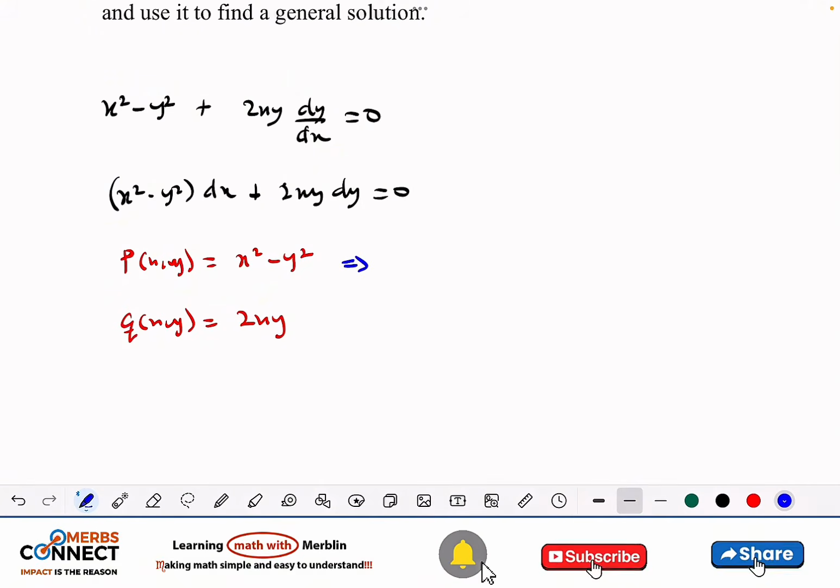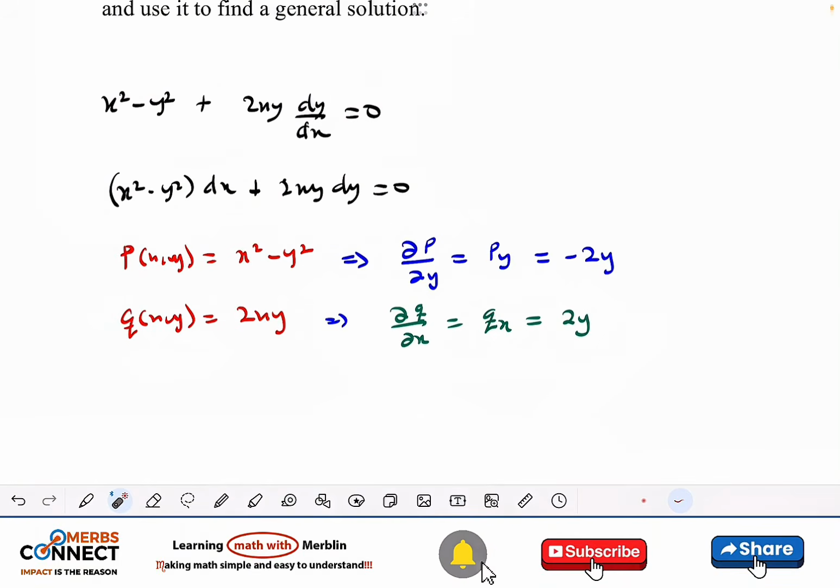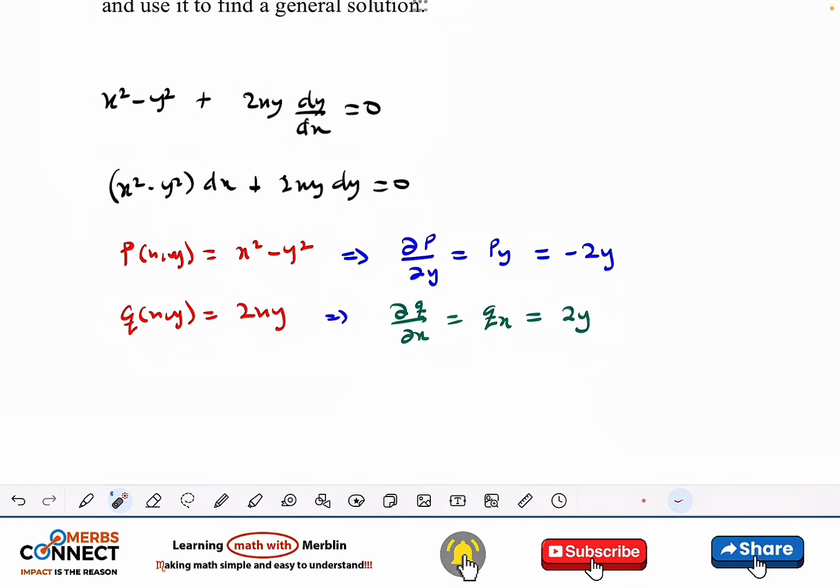When I differentiate p with respect to y, which is the same as py, this is equal to minus 2y. Then when I differentiate q with respect to x, which is the same as qx, this is going to give us 2y. So you see that these are not the same. So it is not exact. So now we need to find the integrating factor.